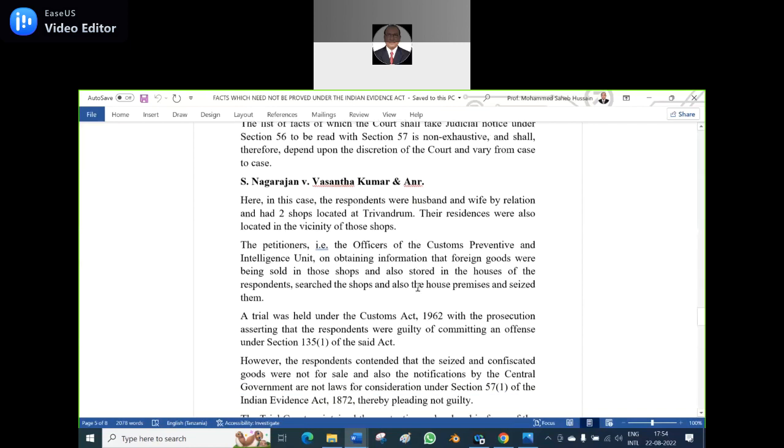So in this case, their residences were also located in the vicinity of those shops. What happened? The petitioners, the officers of the customs, preventive and intelligence unit, obtained information that foreign goods were being sold in those shops and also stored in the houses of the respondents. They searched the shops and the house premises and seized the goods.